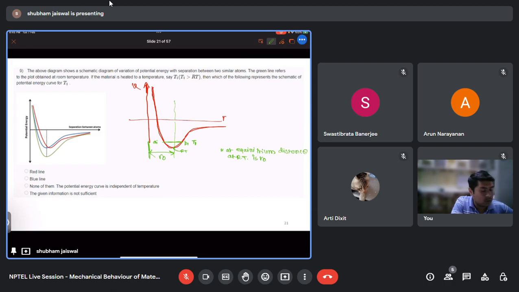Now again I am increasing the temperature to T2, say T2 is greater than T1. Again the potential will change to A2, B2. So what is happening here?